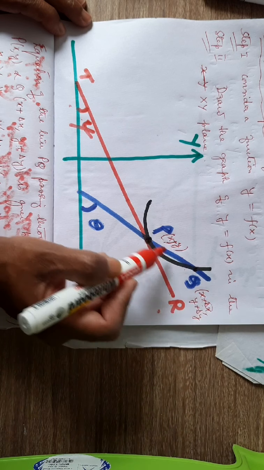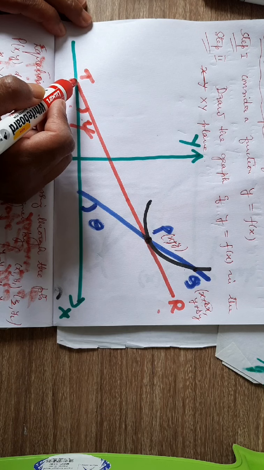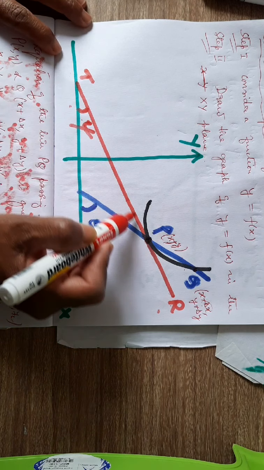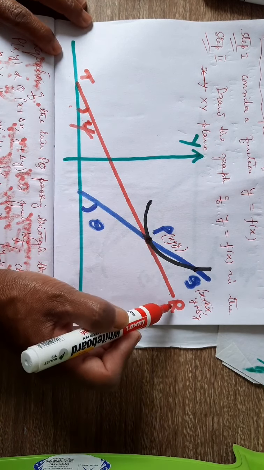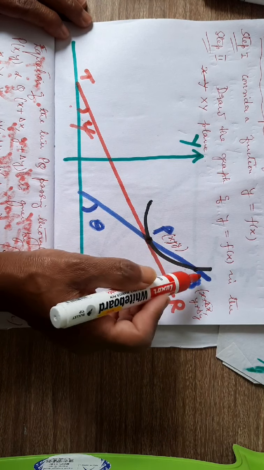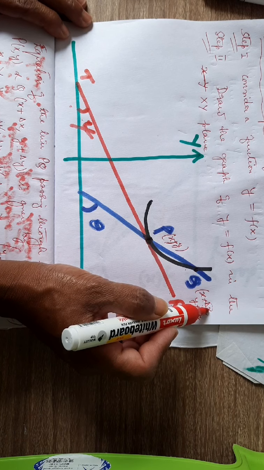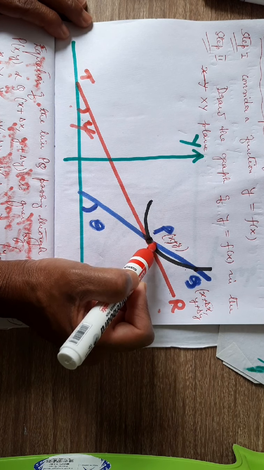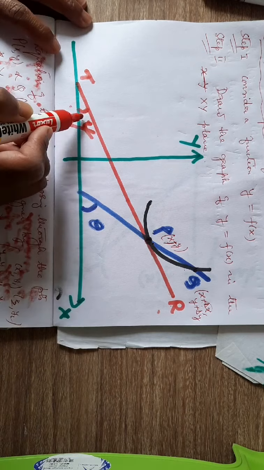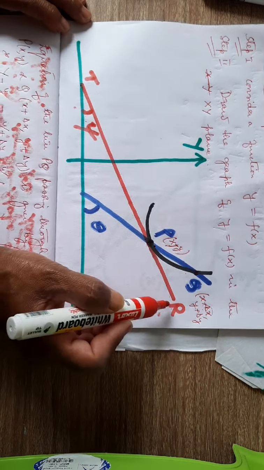In that case, this line PQ will almost coincide with the tangent at P, that is TPR. Initially the angle made by the line with respect to the x-axis is theta, but by letting delta x tend to 0, or point Q approach P, this theta will coincide with psi, the angle made by the line TPR.